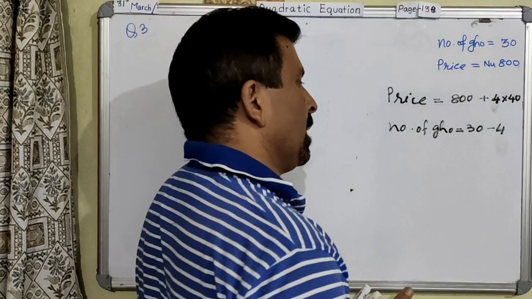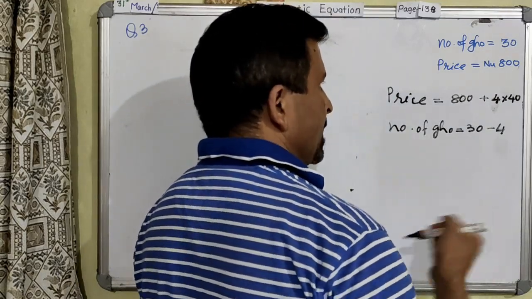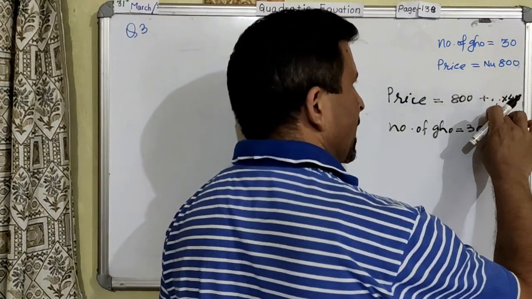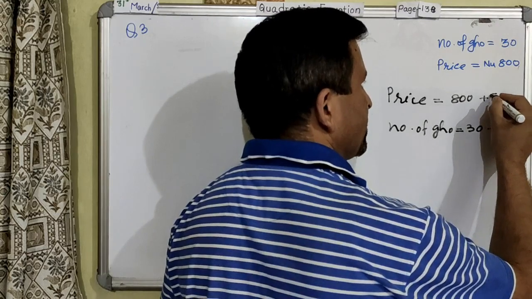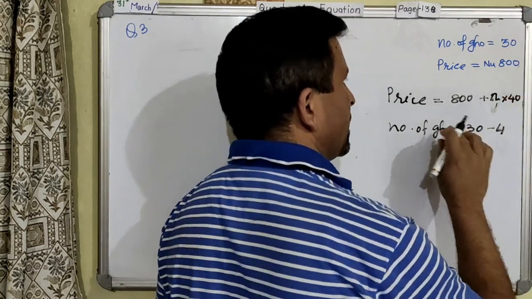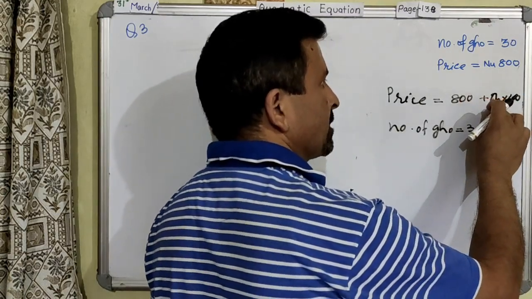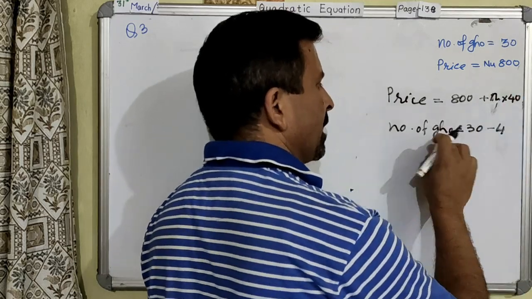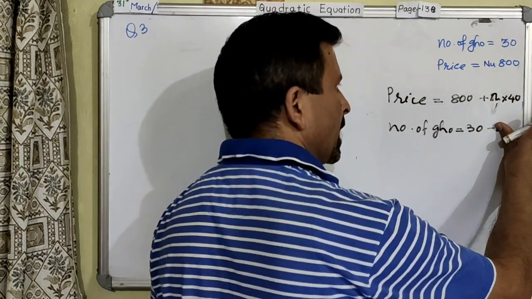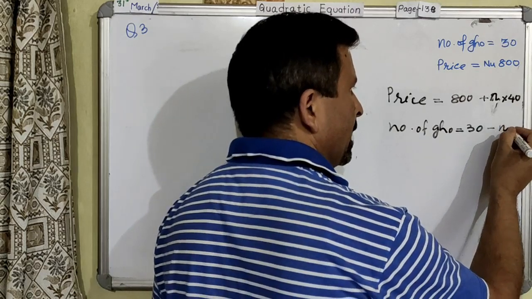Clear? Now if I generalize it, if the price of the hoe increases by n times the 40, that means the number of hoes will decrease by n.